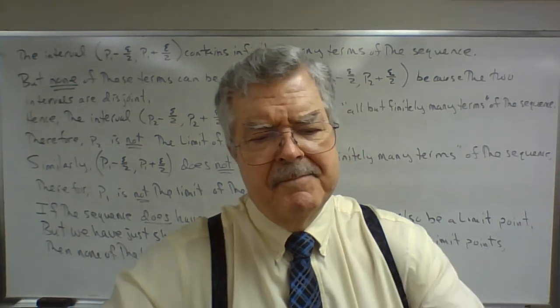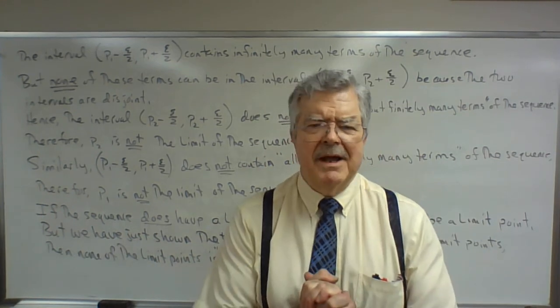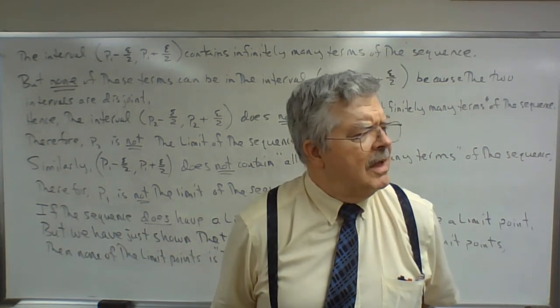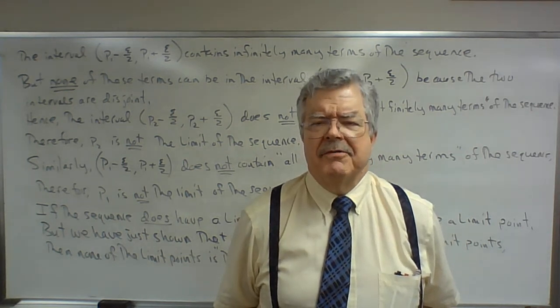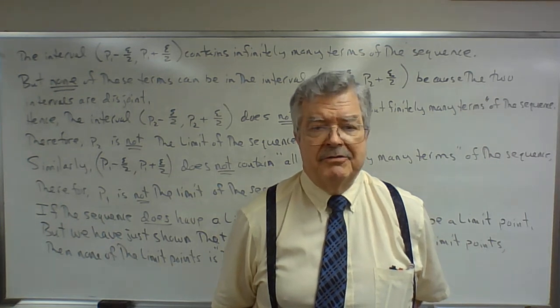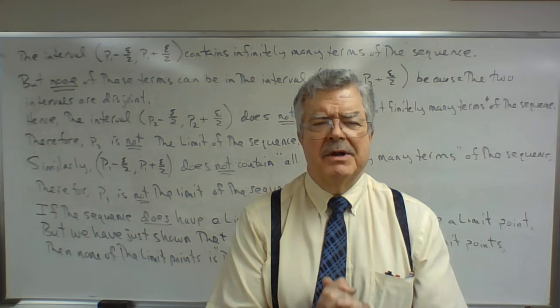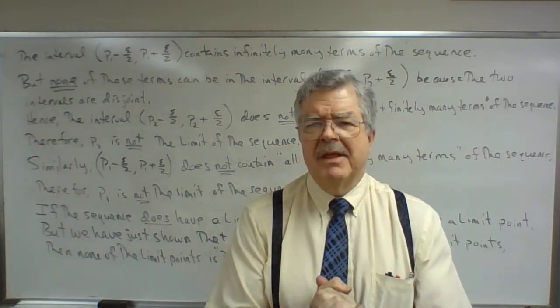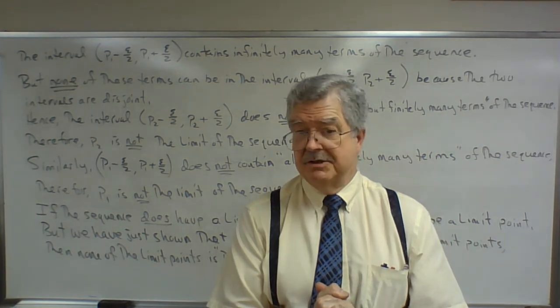Let's see. You know what? I'm not going to do it. I know the answer, but if you feel up to it, I'd like you to play with it. Here's the question. If a sequence has exactly one limit point, does that mean that the sequence necessarily converges?